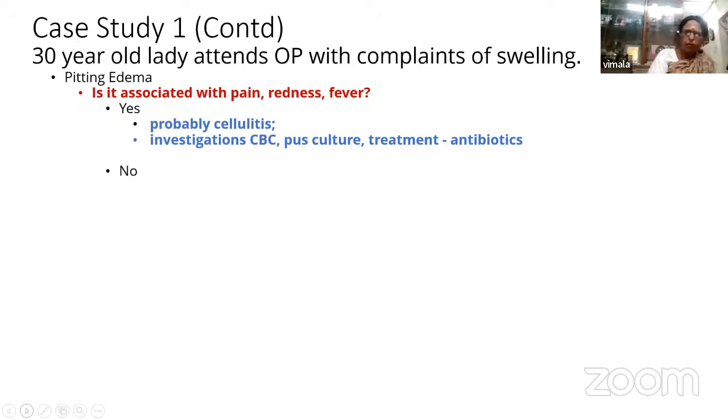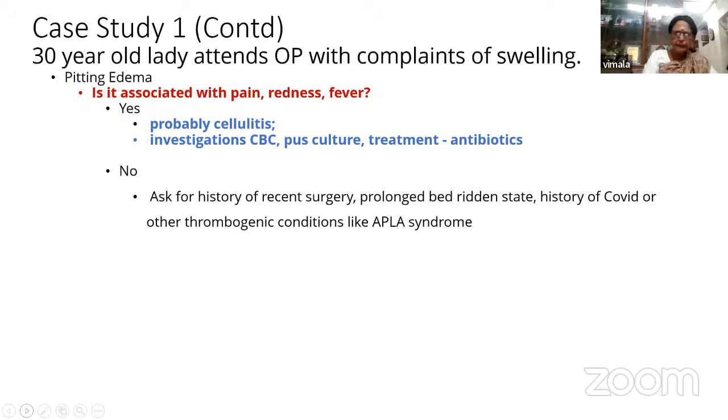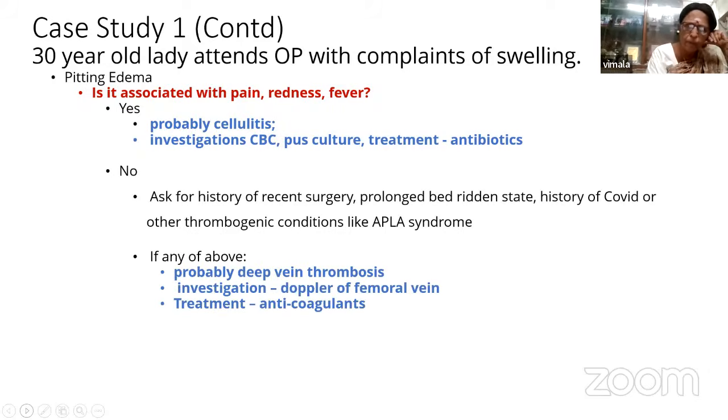If there is no history of pain, redness, or fever, what are the other things you would like to ask in the history? Ask for history of recent surgery, prolonged bedridden state, other thrombogenic conditions like APLA syndrome. If any of the above is present, you should think it is probably a deep vein thrombosis.